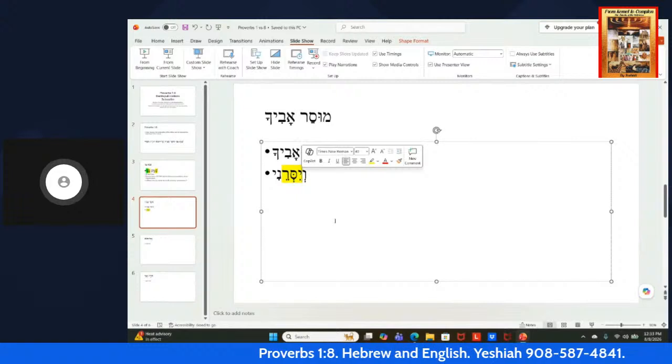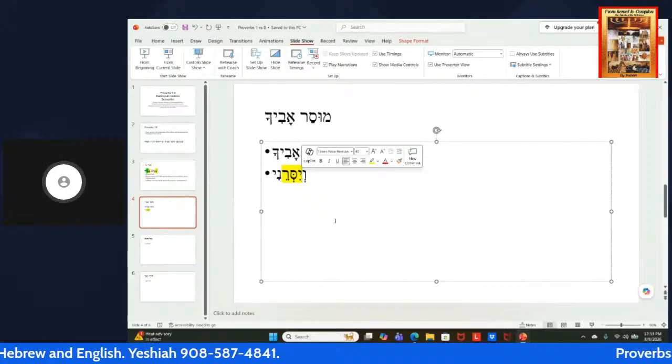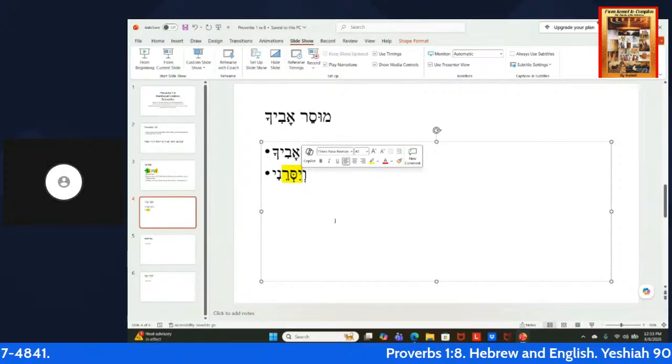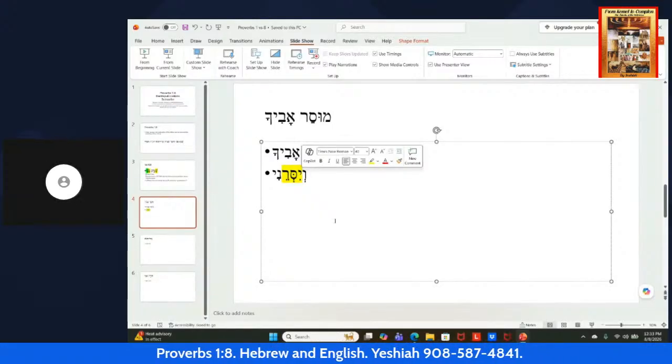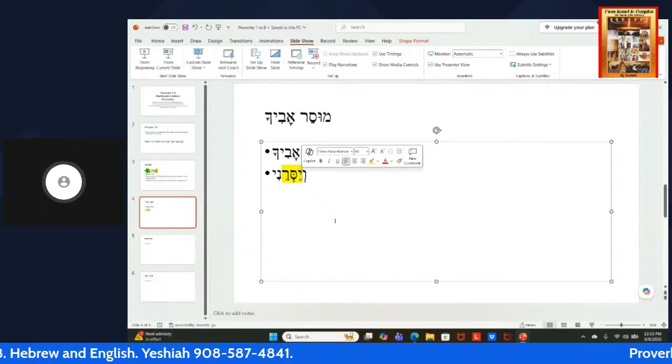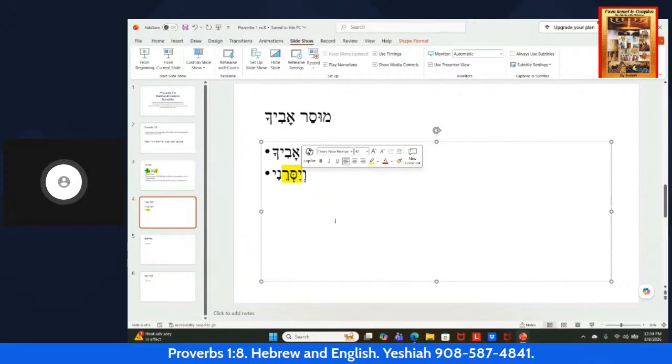Any verb, brothers and sisters, that has a yod, as in the word yasar, or yashab, as we've gone over, when it's conjugated in the future tense, the yod drops off. Just want to point that out. Any verb that starts with the letter yod is called a pay yod verb.